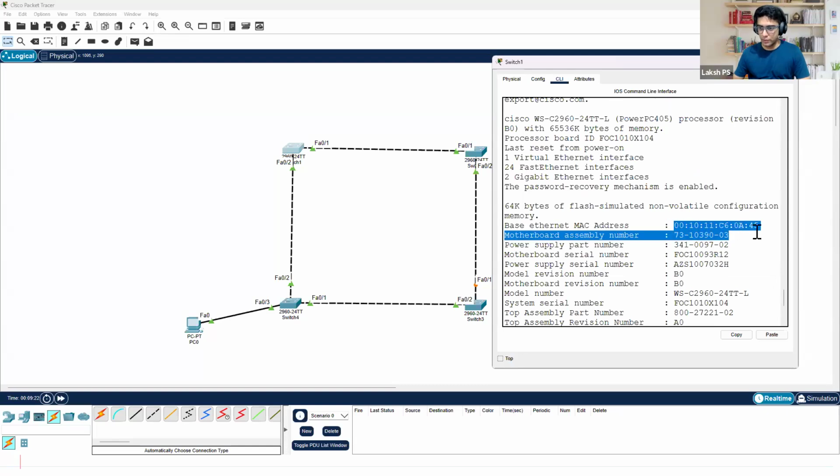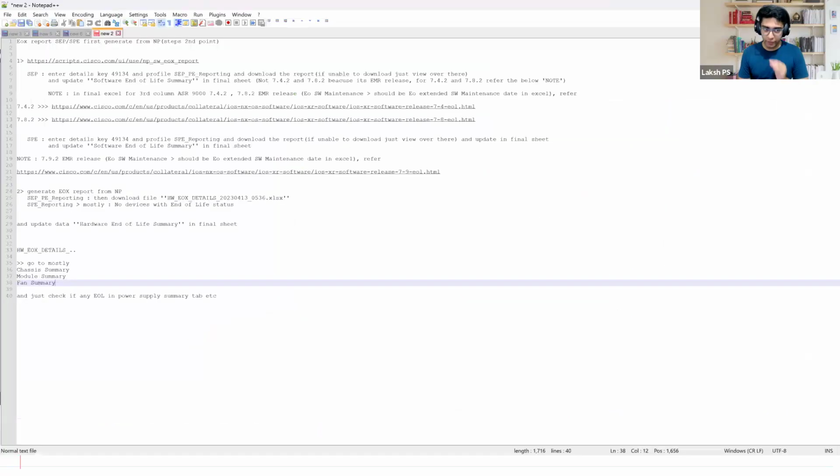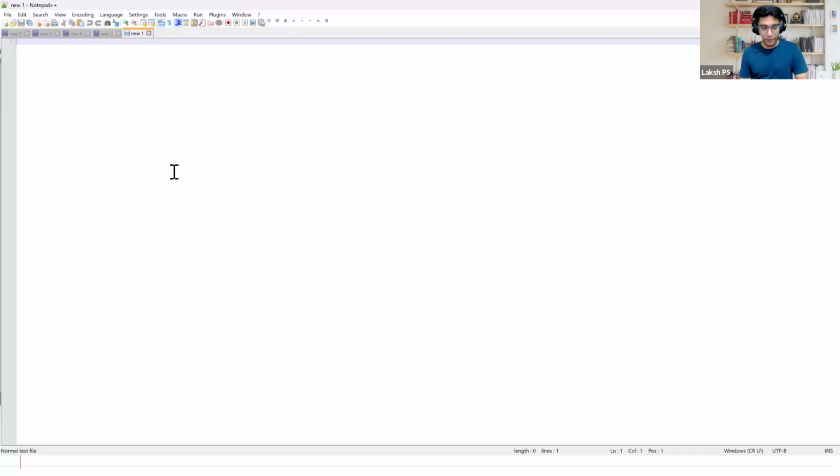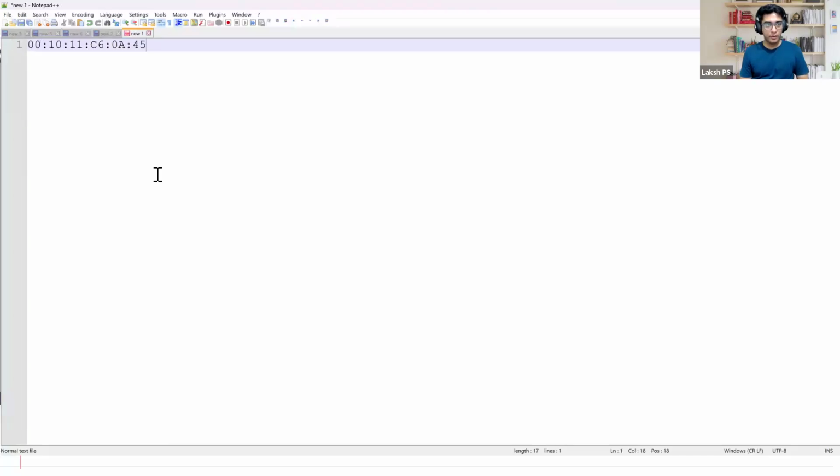This is the MAC address of this switch. There are MAC addresses on the interfaces as well, but we are not looking for the interface MAC address. We are looking for the MAC address of the switch. So this is switch 1.